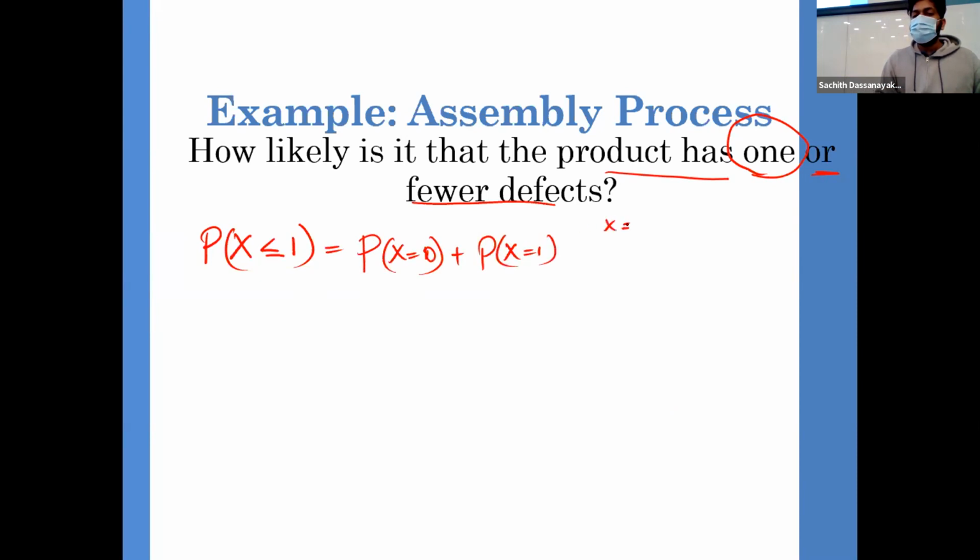Because sample x values are 0, 1, 2, 3, up to 3, because we have 3 trials or 3 occurrences. So 1 is included because you have an equal sign here. Clear? So you can simply find these individual pieces and add them.